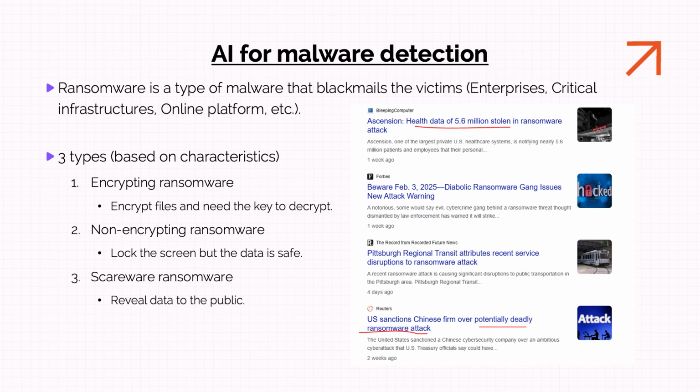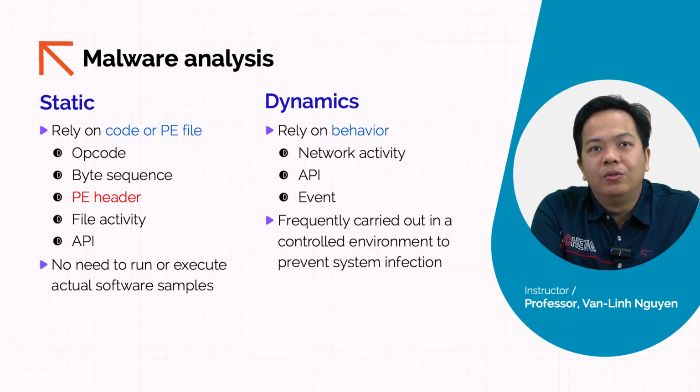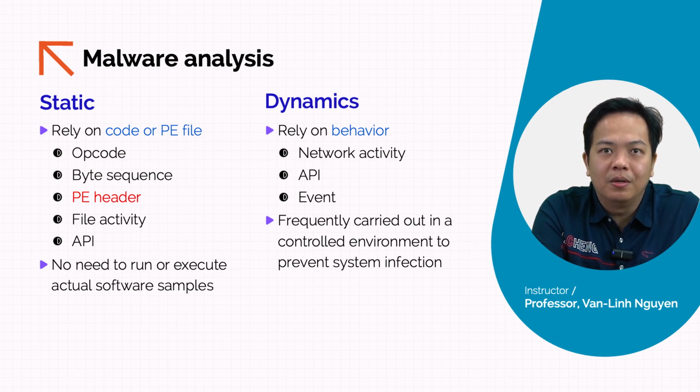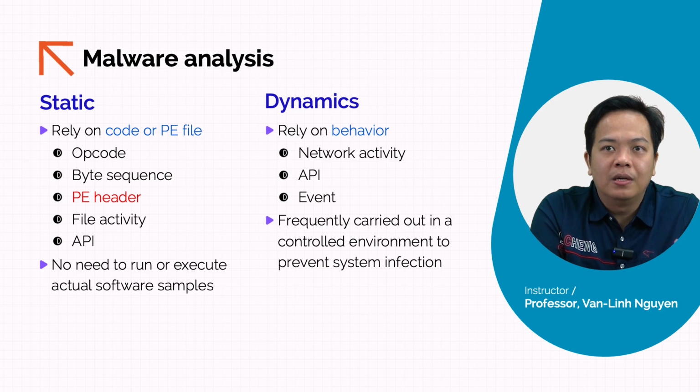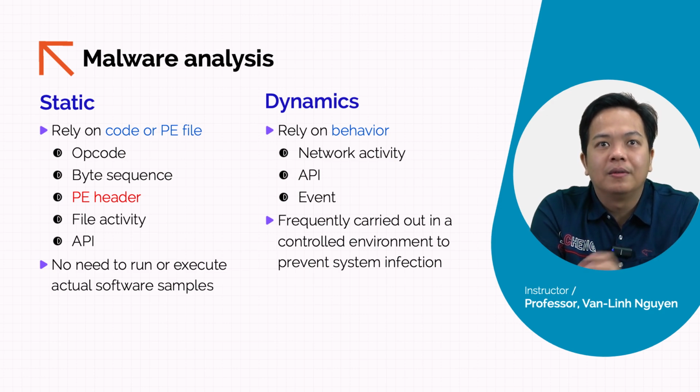Ransomware is not just a problem in the United States, Europe, or Taiwan, but everywhere. They just try to blackmail the victim, right? For malware analysis, we have two ways. We can do static analysis, where we analyze the code, and dynamic analysis, where we rely on behavior. After the malware runs, we can monitor network traffic and API events, and figure out whether the behavior comes from malware or not.